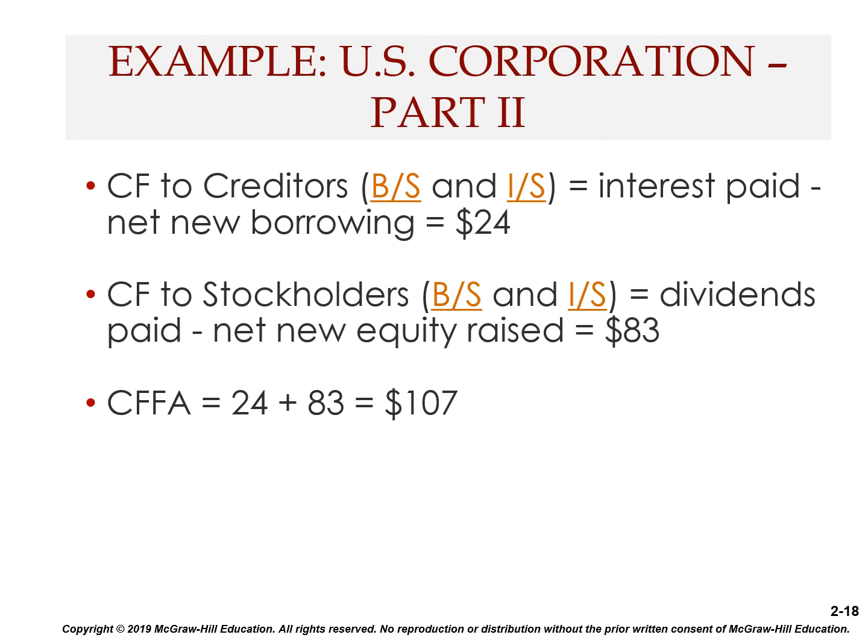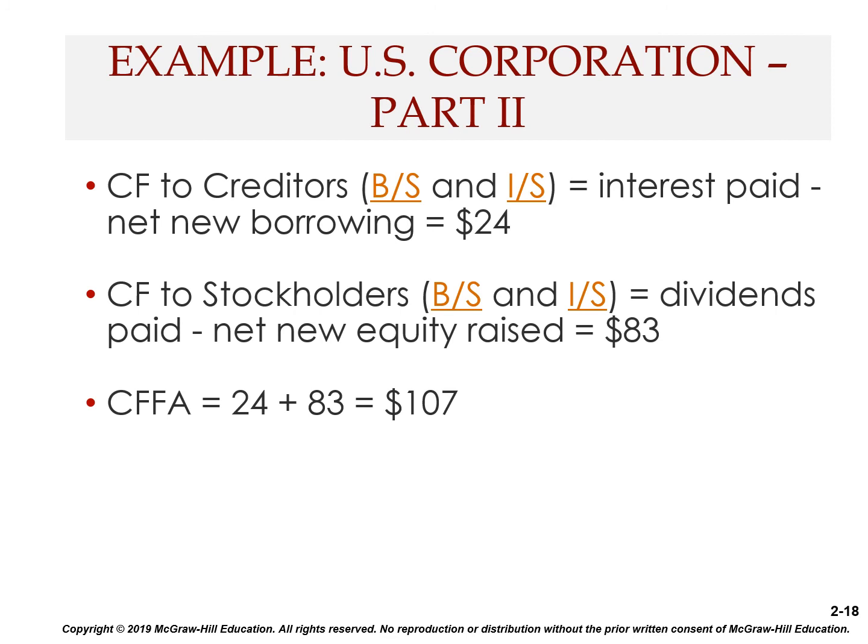We do the same type of analysis with the stockholders. What do we pay to the stockholders? Well, we pay them dividends. Now let's determine, did we get more money from the stockholders from the beginning of the year to the end of the year? We look at the balance sheet at the area where we record when we sell stock. That's common stock and paid in surplus.